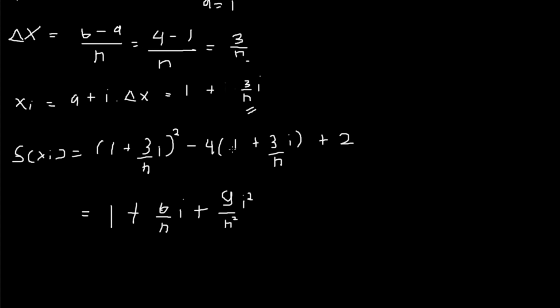So now we're going to times minus 4 with 1, which is minus 4. And then minus 4 times 3 per n i, which is minus 12 per n i, plus 2.